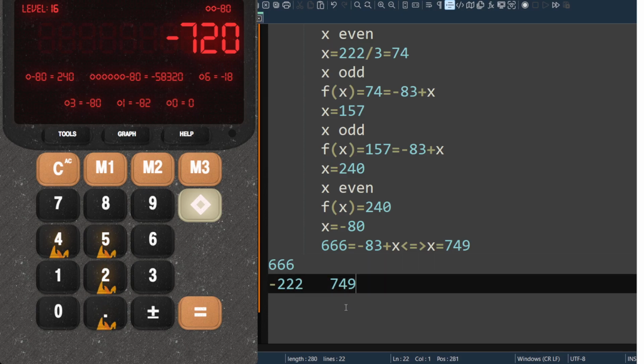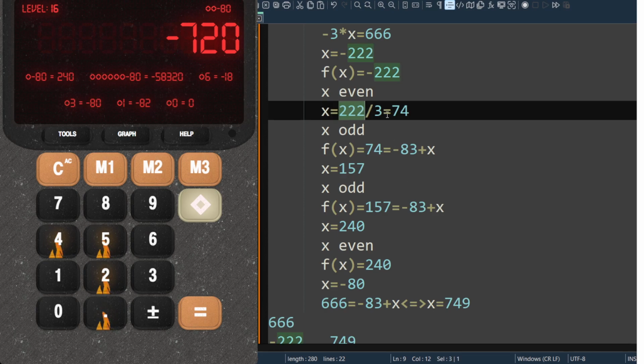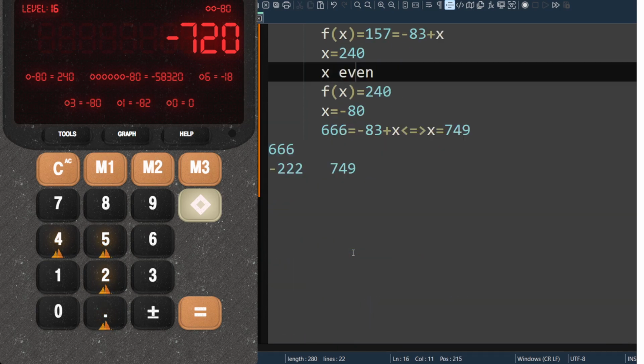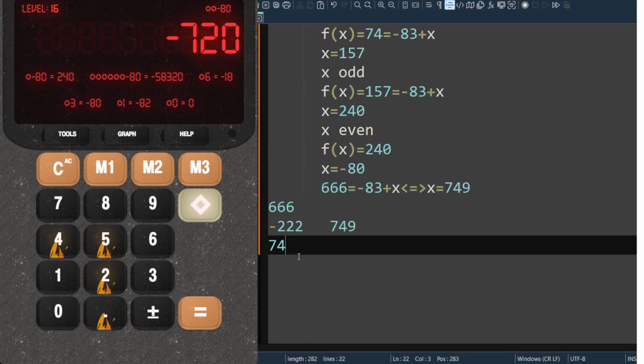What a pity. Okay. And, oh, this is also important. Yeah, no, this is still correct. If x is even, then minus 774 is a solution for this thing. 74.